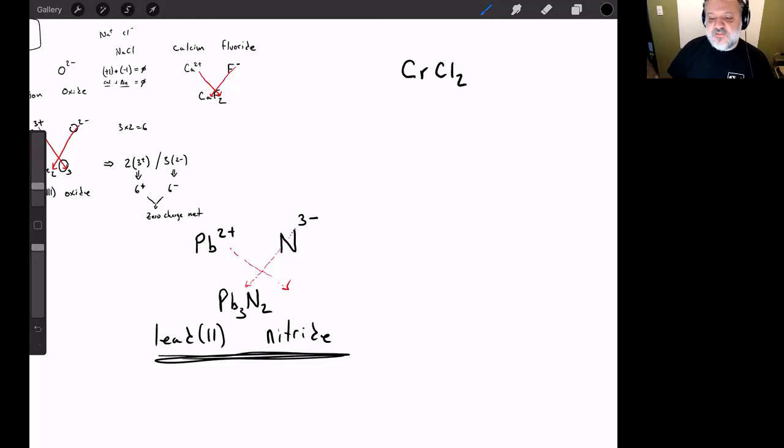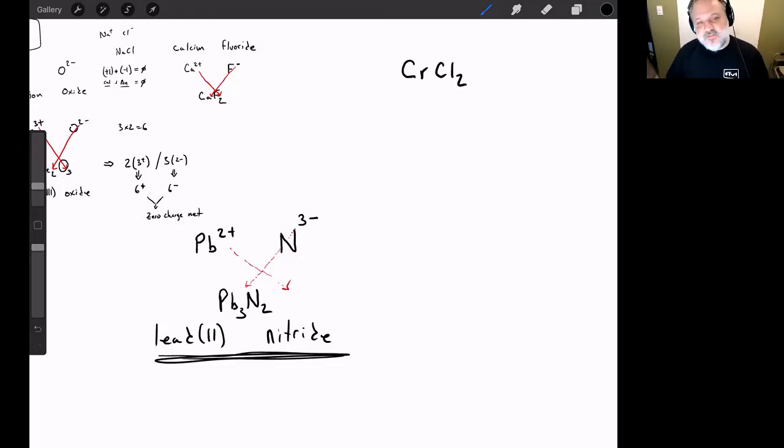Right, and so Diana, this is what I'm sort of addressing. The information for lead 2 and chromium and transition metals and post-transition metals will be given in some fashion. I will never just say, write the formula for the chromium ion, because chromium is a transition metal.